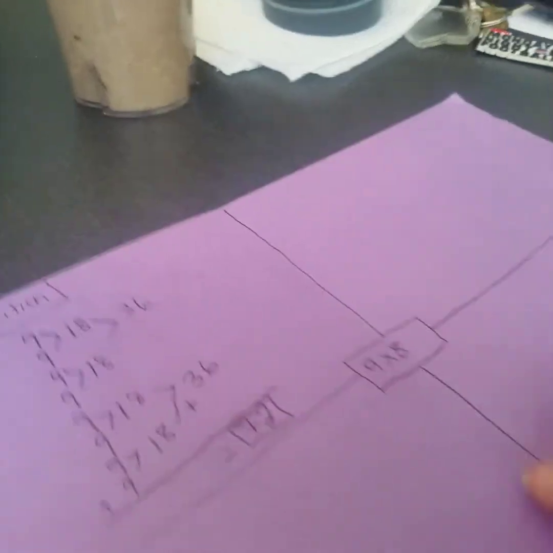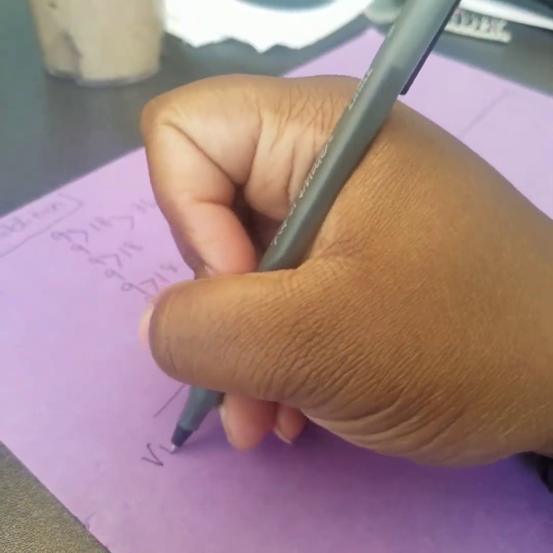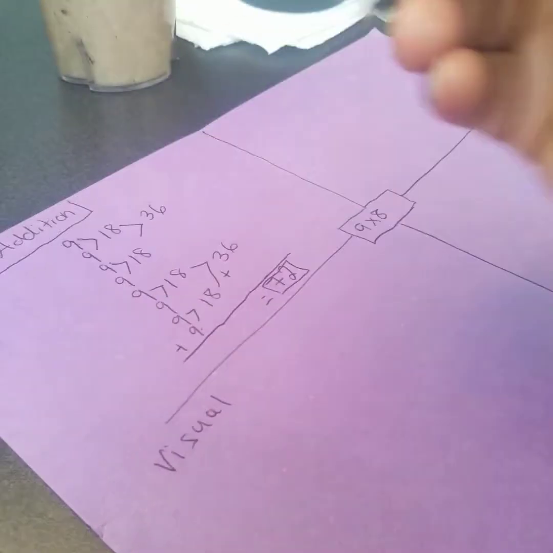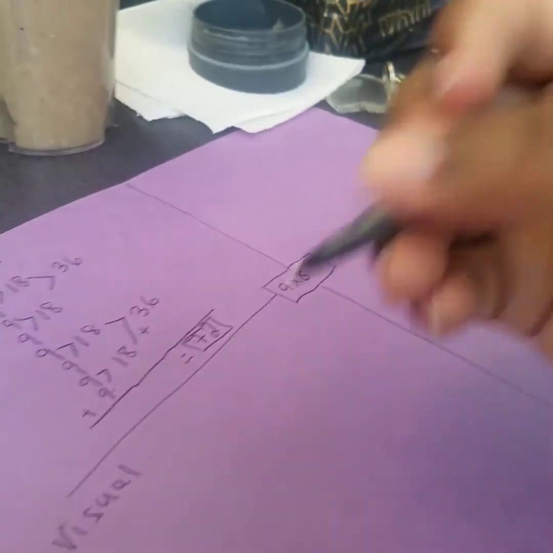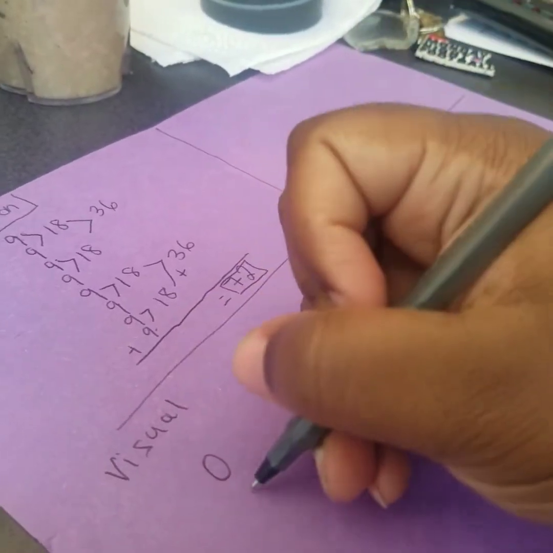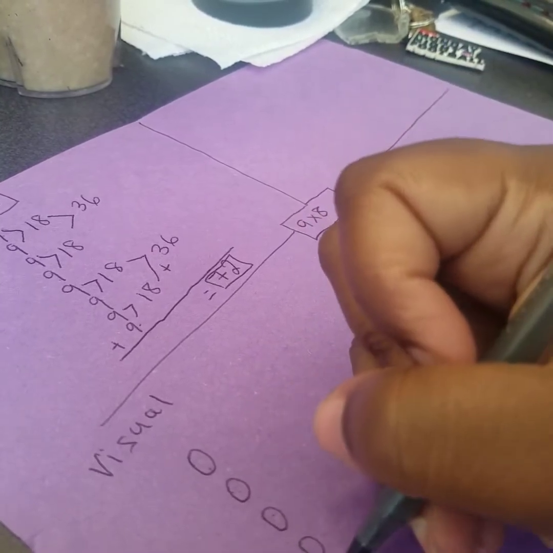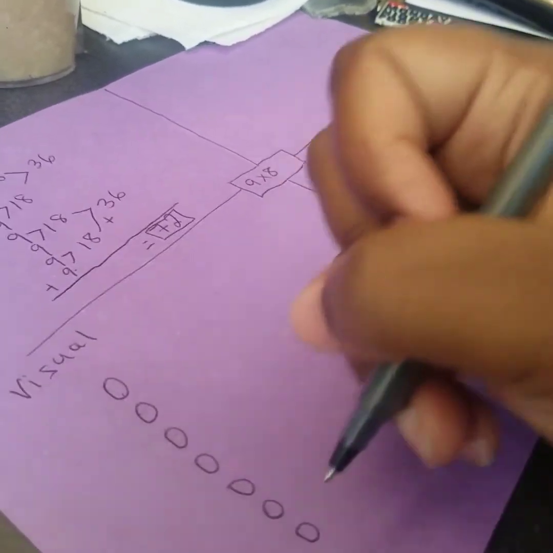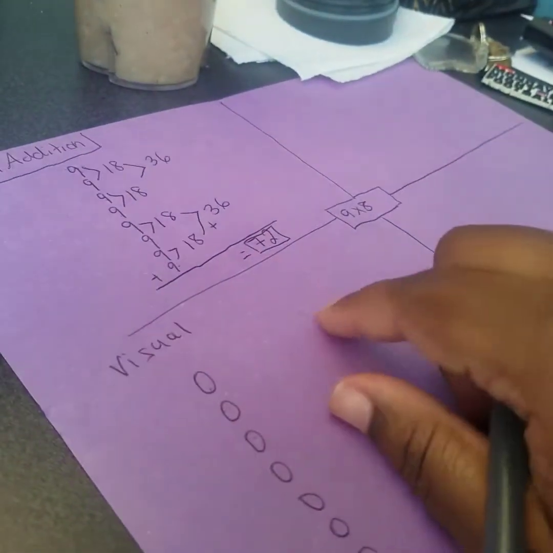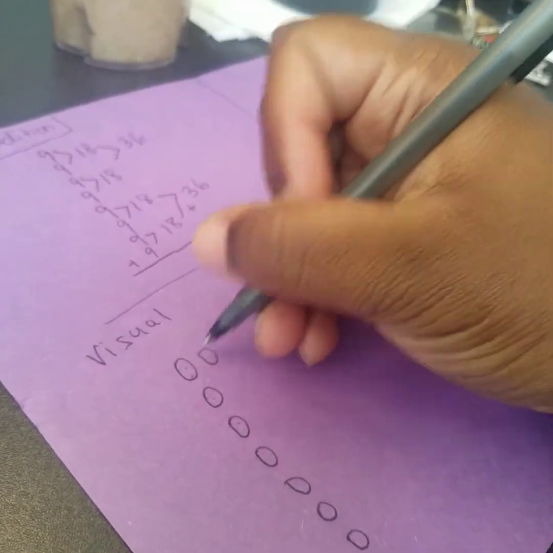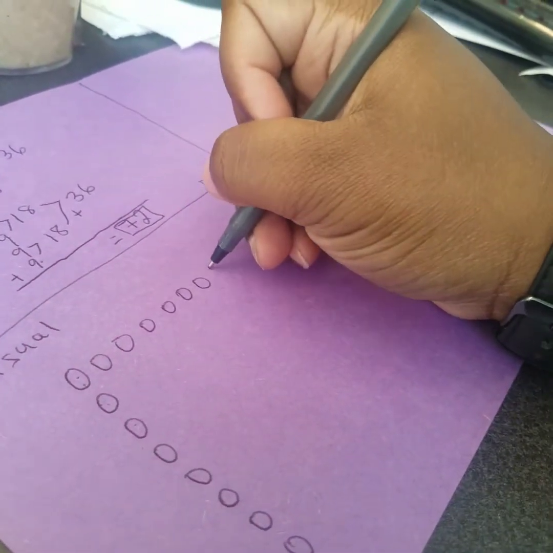The other strategy that we learned was the visual representation, the array. So once again, we're multiplying 9 times 8. So we must have 9. 1 2 3 4 5 6 7 8 9 times 8. 1 2 3 4 5 6 7 8.